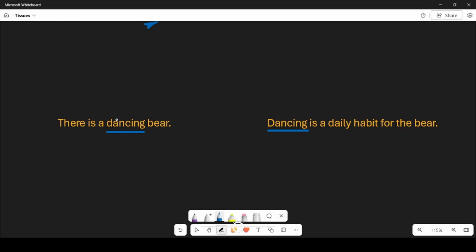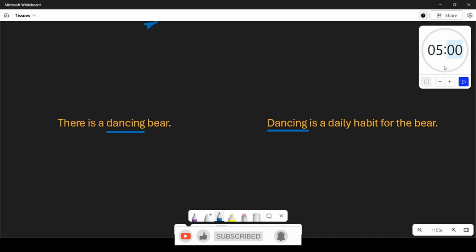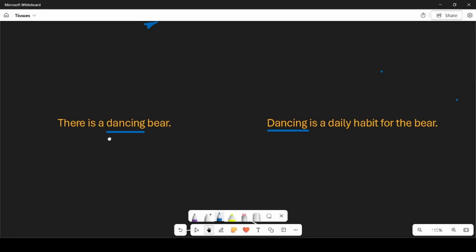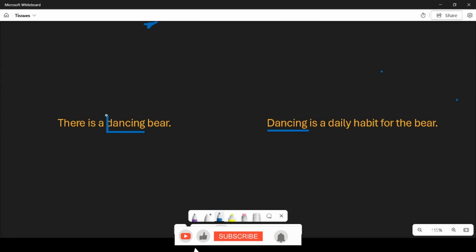Now, which of these is a gerund and which of these is a participle? I'll give you 5 seconds. Okay, so find which one is a participle and which one is a gerund. Well, it's pretty easy if you come to think of it. The word dancing over here is describing the bear.